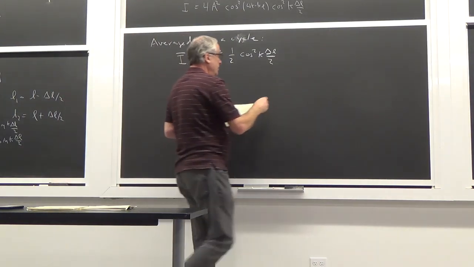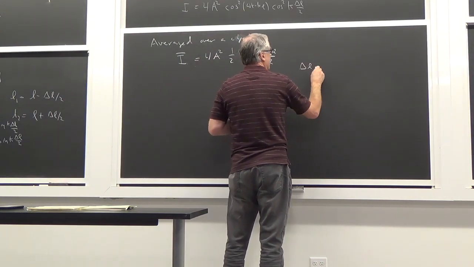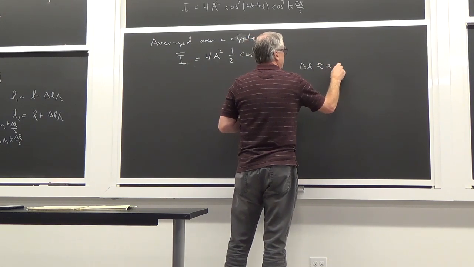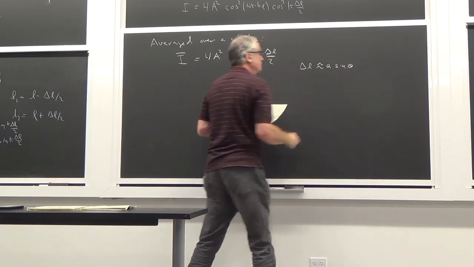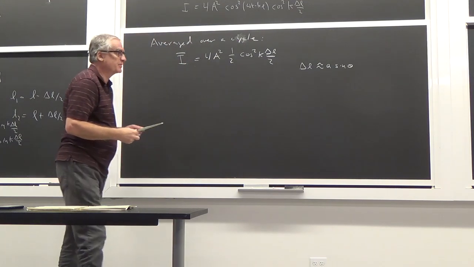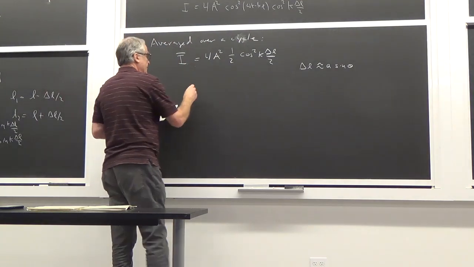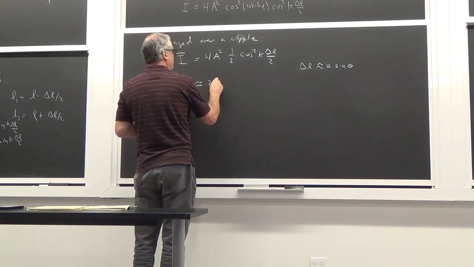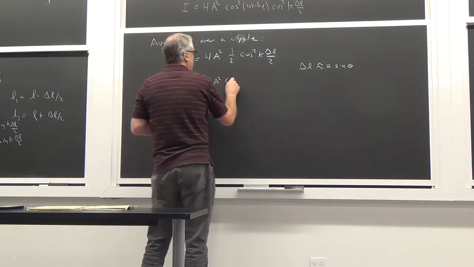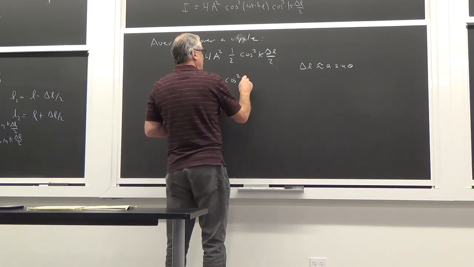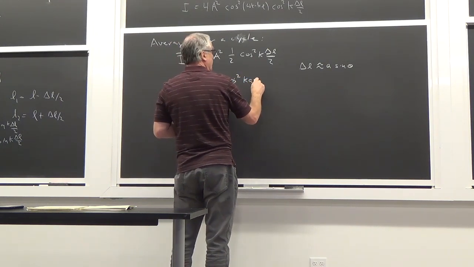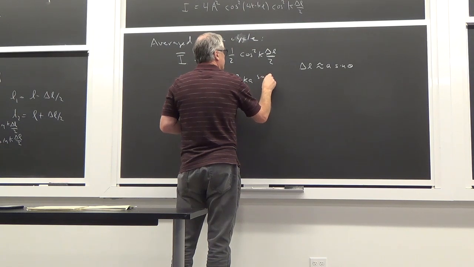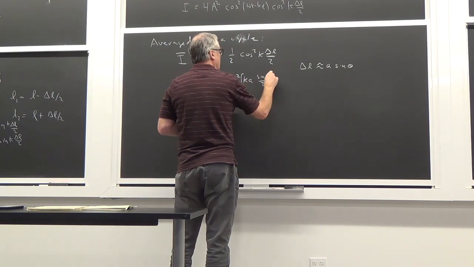So I'm going to use the fact that delta L is approximately a sine theta, where theta is the angle to the observation point. And so this is approximately 2a squared cosine squared of ka sine theta over 2.